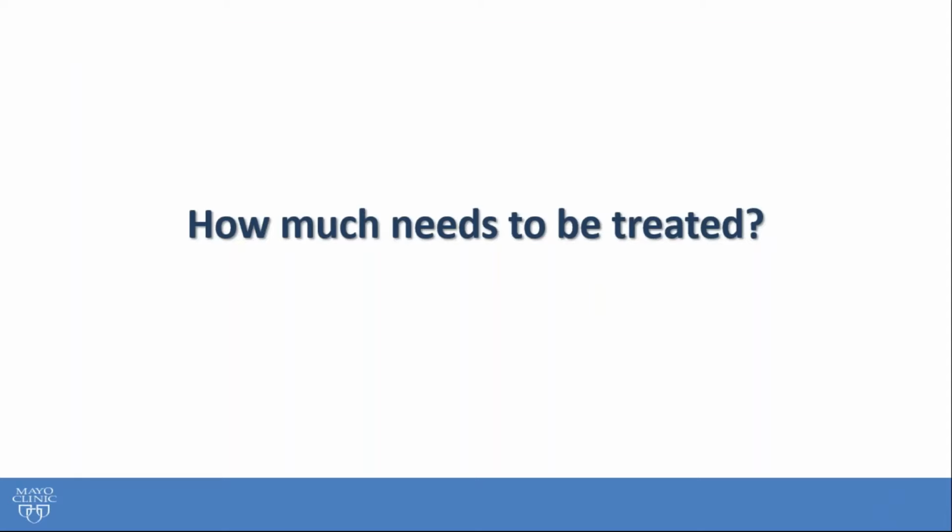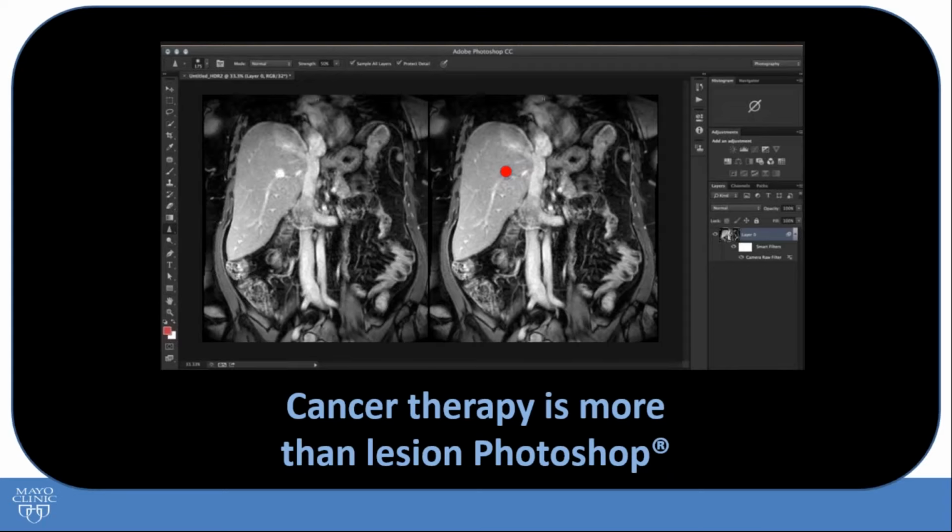So how much needs to be treated? Next slide. I think IRs are susceptible to this concept of lesion Photoshop, where you can see a little bright lesion there, and then I just want it to be erased. But the reality is, for example, there's been some great work at Memorial Sloan Kettering looking at the mutational status of colorectal mets.